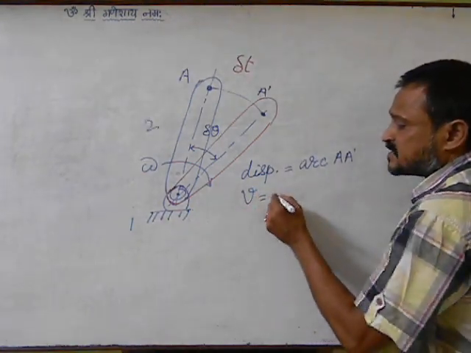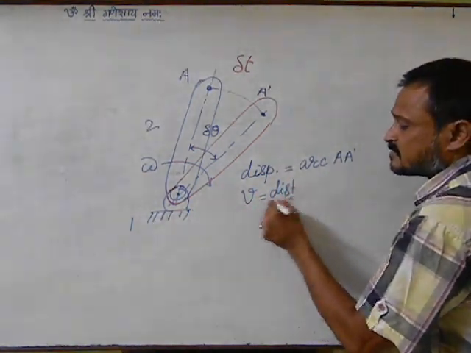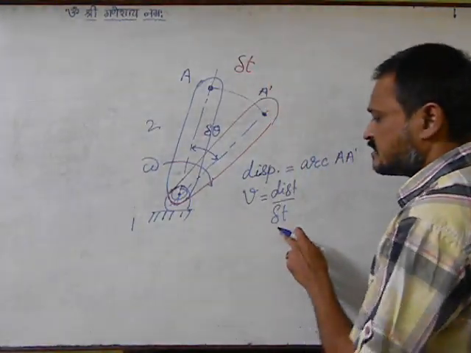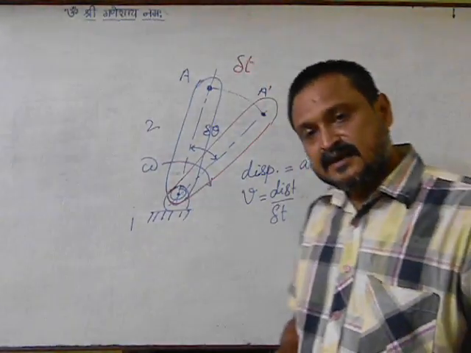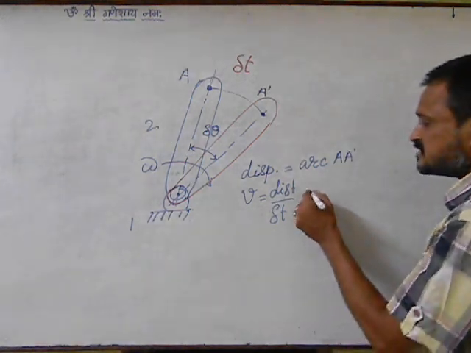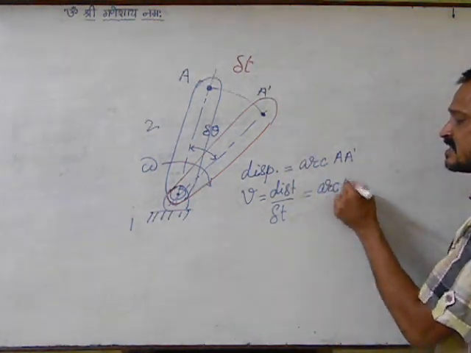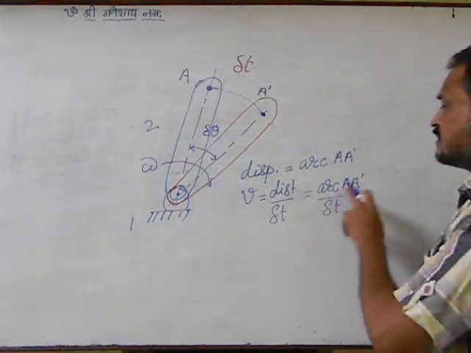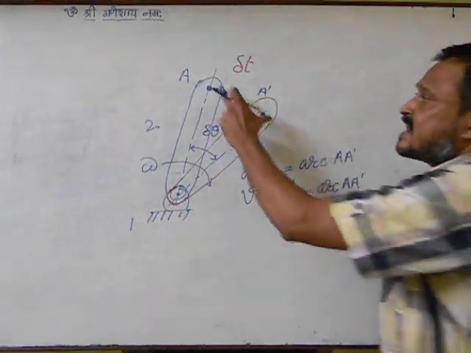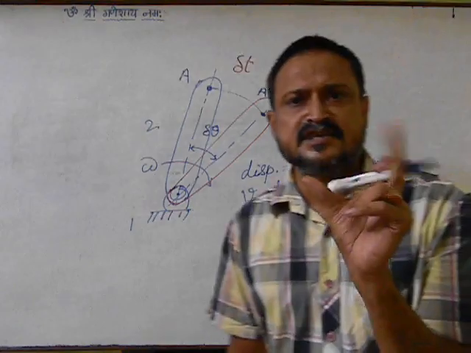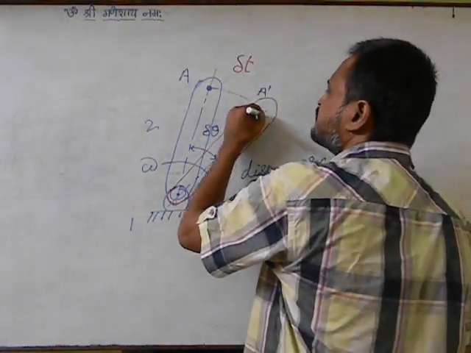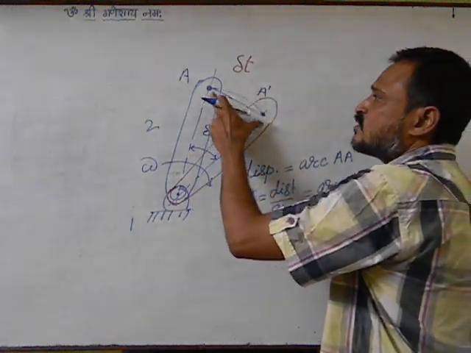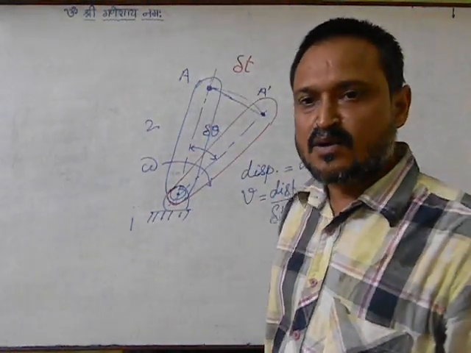Velocity will be the displacement which has taken place in the infinitesimally small time interval, so that means it will be arc A dash by del t. But what is arc A dash? It is a very small arc, and we know that for a very small arc, the arc length is almost equal to the chord length.